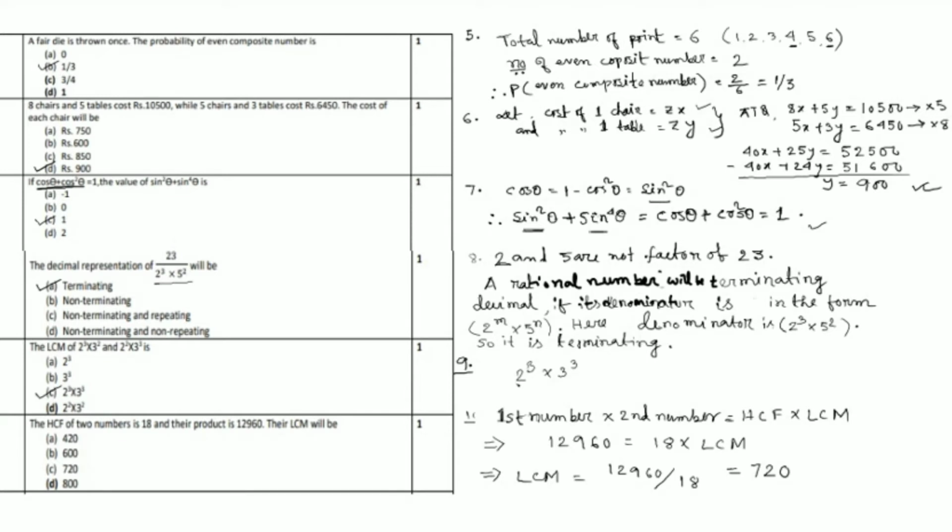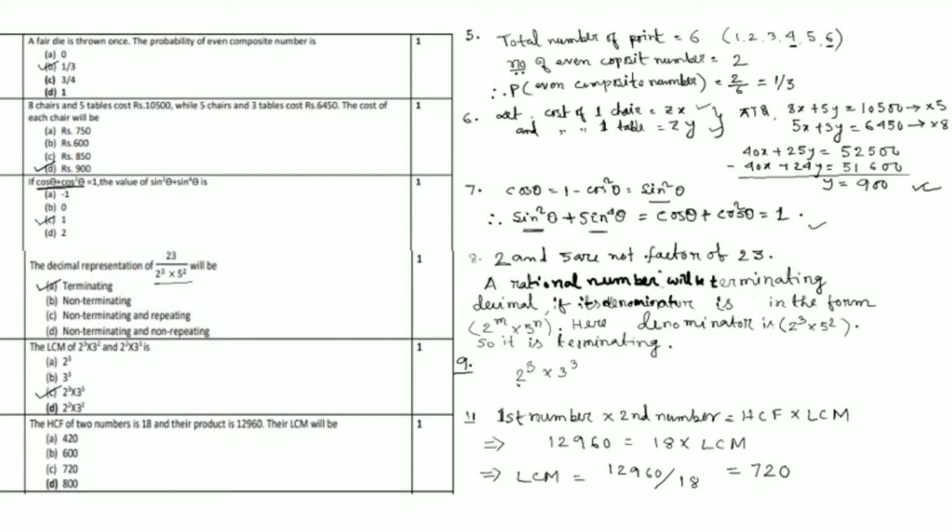Now we will solve question number 10. And the question is, the HCF of two numbers is 18 and their product is 12,960. Their LCM will be what? Okay. We know that there are two numbers. Therefore, the product of two numbers, first number into second number, is equal to HCF into LCM. We know that very well.